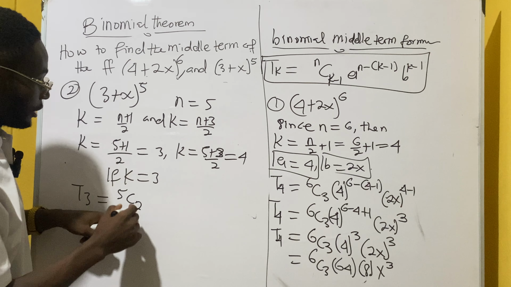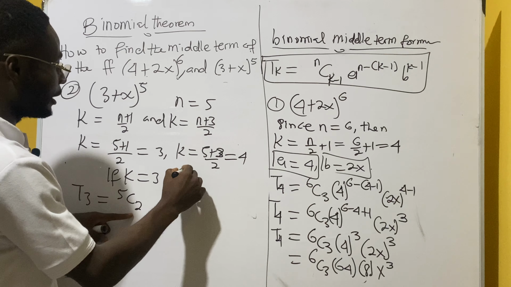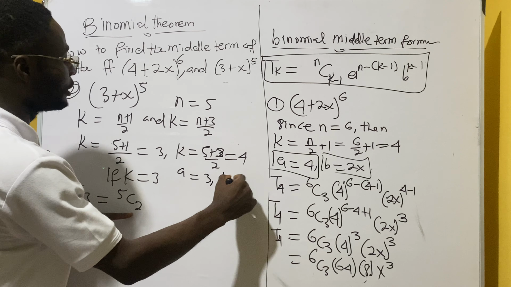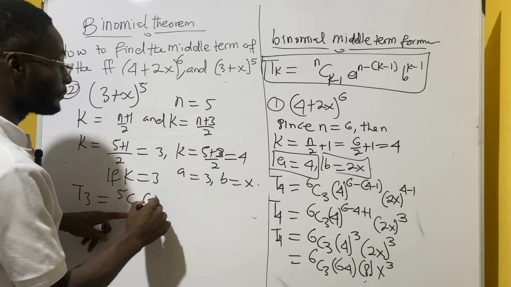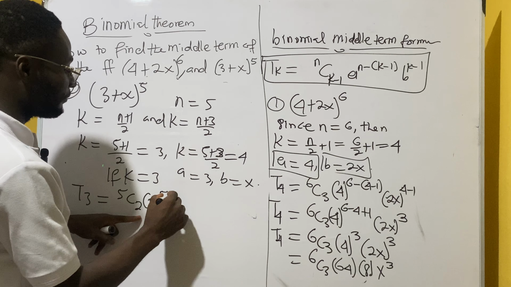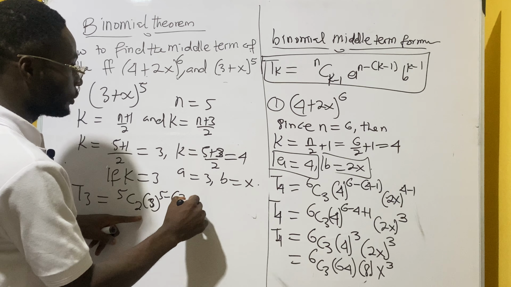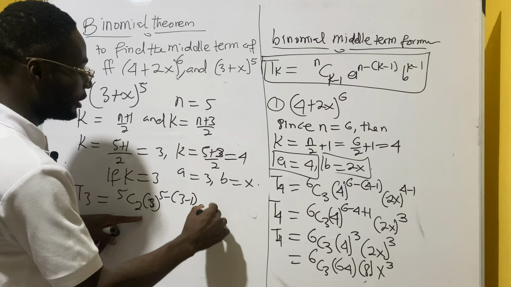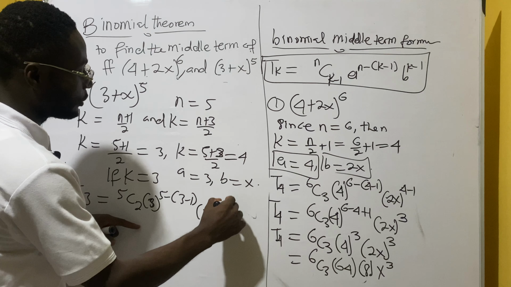Then our a is equal to 3 and our b is equal to x. So we have 3 exponent n minus k minus 1, that is 5 minus 3 minus 1, then our b is x exponent 3 minus 1.